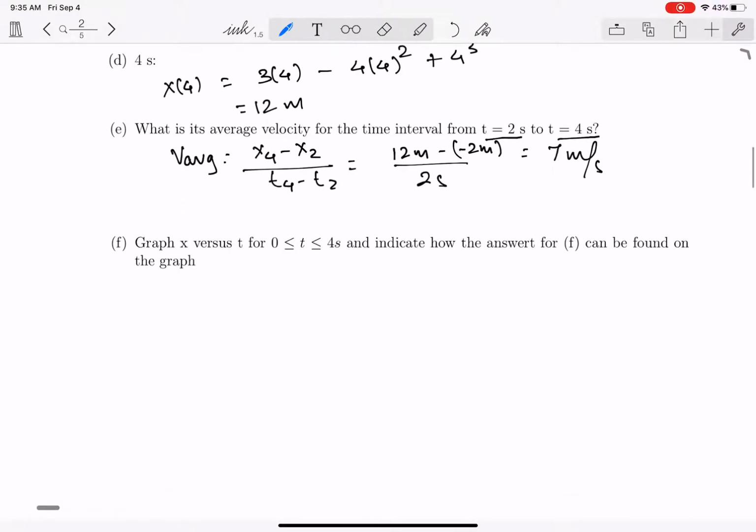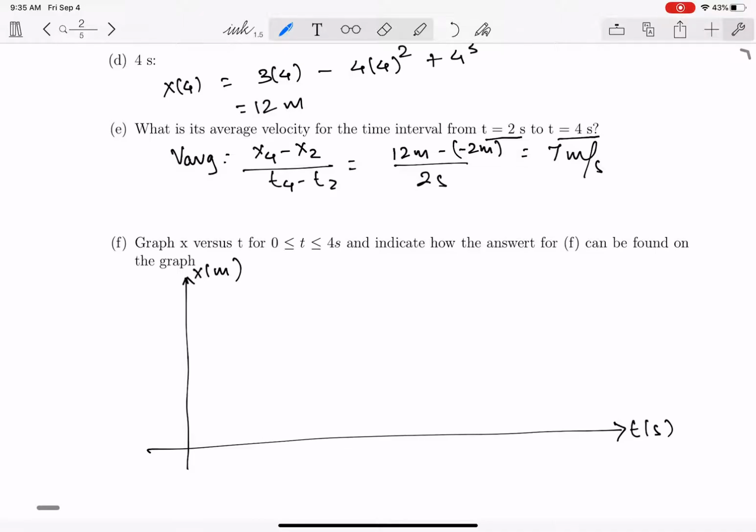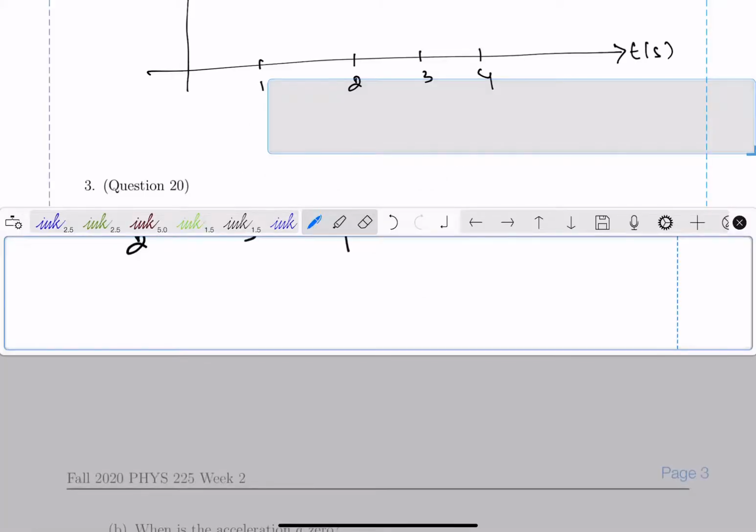Now you are to graph it. It's a rough graph. t in seconds, x in meters: 1, 2, 3, 4.